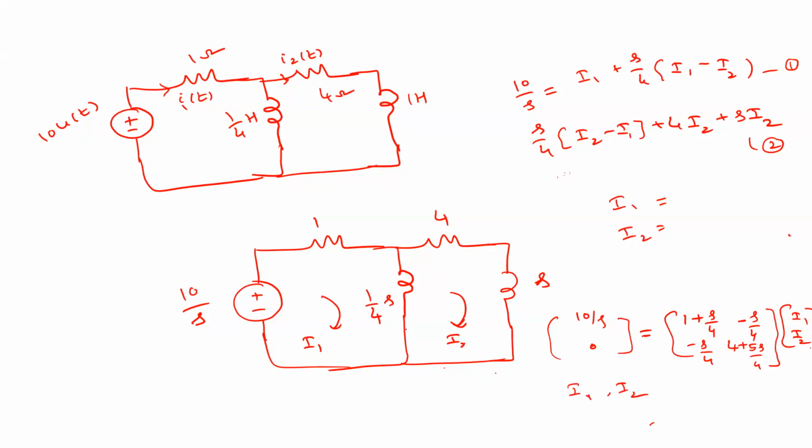For example, if the initial conditions are given, just replace with a voltage source here and here. Okay. So just try to solve. You can do this, right?